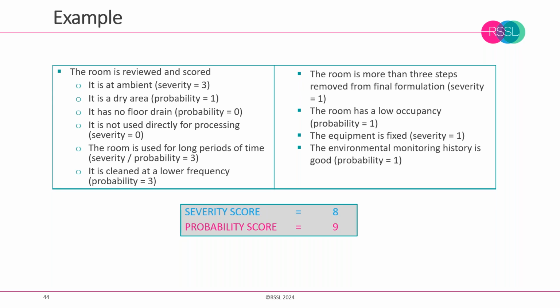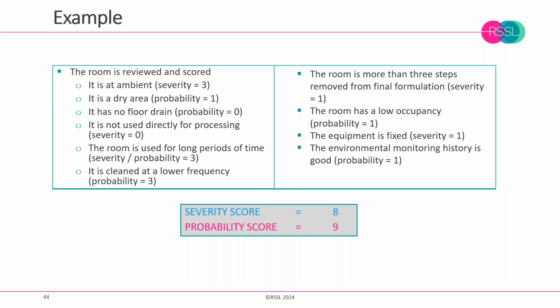And because it's right at the start of the process, its current cleaning and disinfection schedule isn't particularly high, so it also scores 3. It's right at the start of the process, so it's more than 3 steps removed from final formulation. That scores 1. Not many people are required, so it has low occupancy.